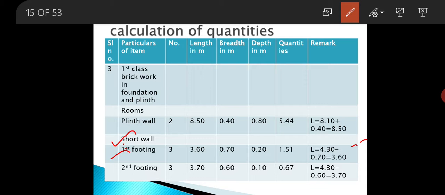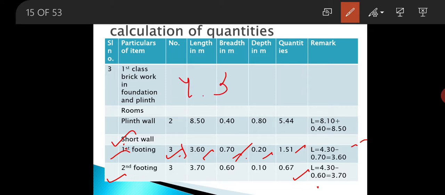So the number of short walls is 3. So the number of first footings will be 3. Length is 3.6. Breadth is 0.7. Depth is 0.2. Then by multiplying all these columns, we will get the total quantity as 1.51 cubic meter. Similarly, while going for the second footing, from the center to center line length, subtract half of the width of the second footing from both the sides.